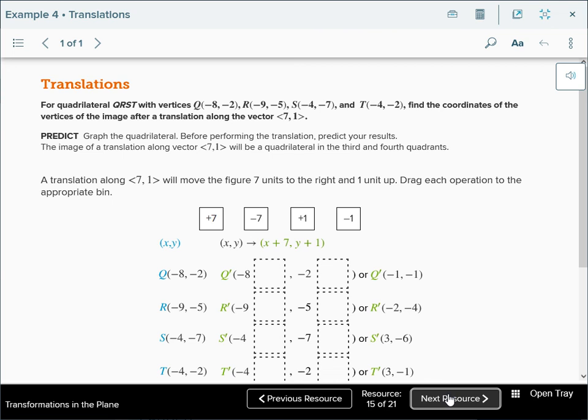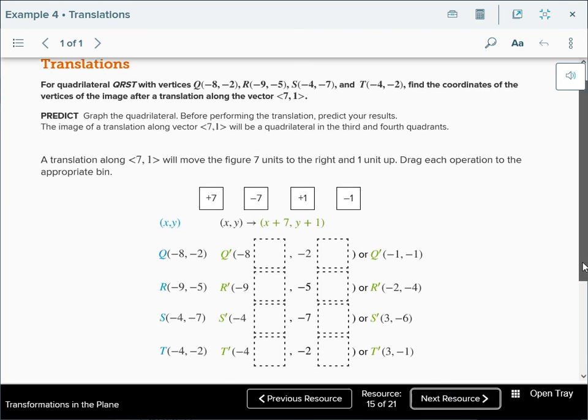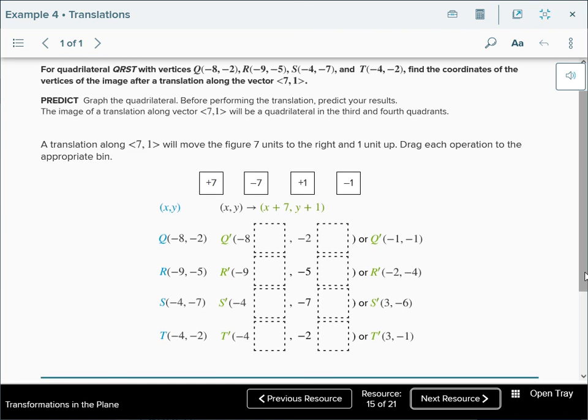Yes, no, maybe? What's R prime going to be? We add 7 to that, we're at -2. We add 1 to that, we're at -4. Do the rest of them and fill them in there and drop them real quick. See what you come up with. See if your answer is correct. Get it right?